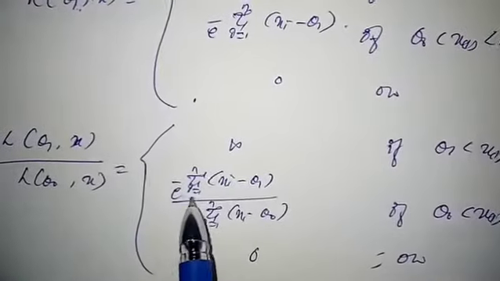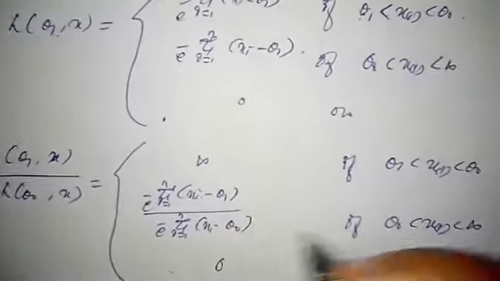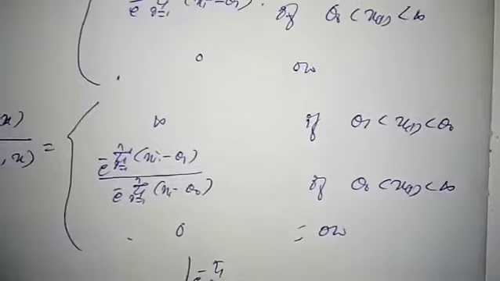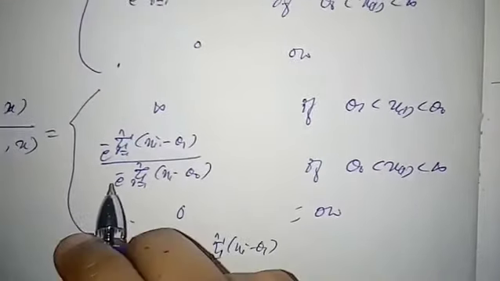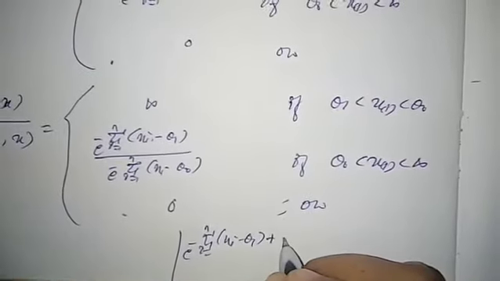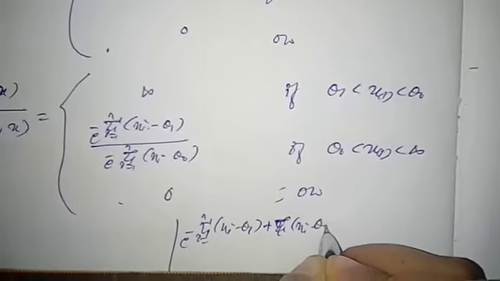In the second case, we can write this term as e^(−Σ(xi − θ1) + Σ(xi − θ0)).